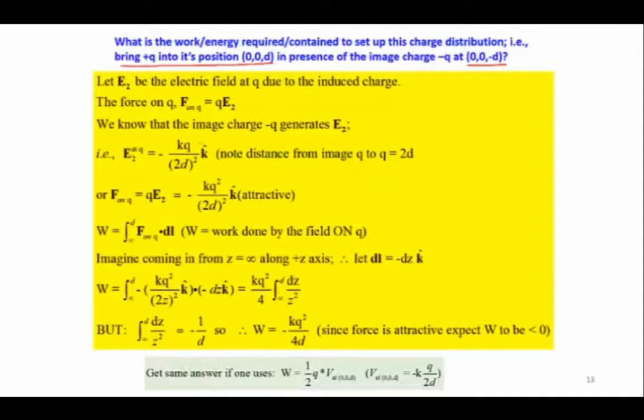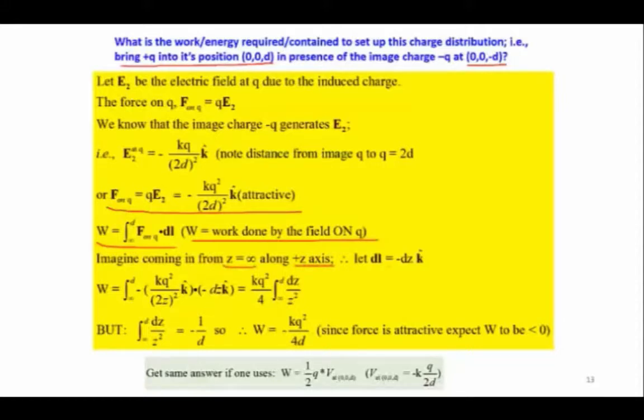Well, we've already talked about getting the force, so here's the derivation of this force on q, which is right here. And we want to find the work done. This will be the work done by the field, and it is equal to the force on q dotted into dl, the displacement. Imagine you're coming in just along the z-axis, from z equals infinity along the plus z-axis.